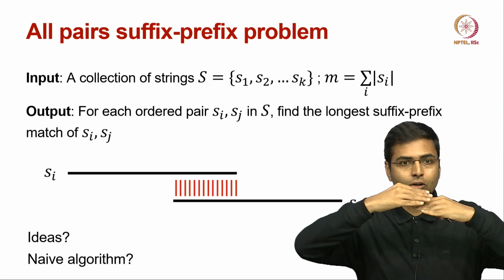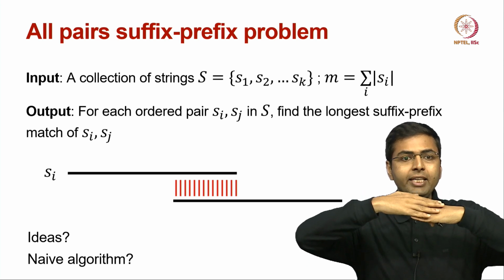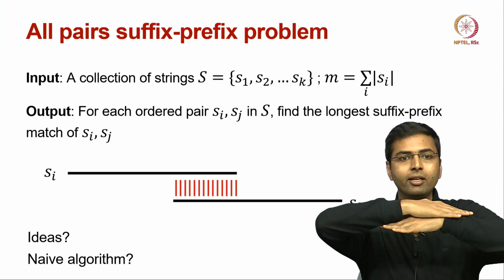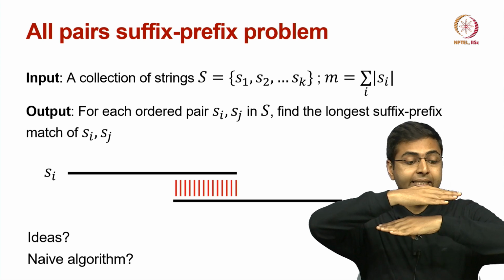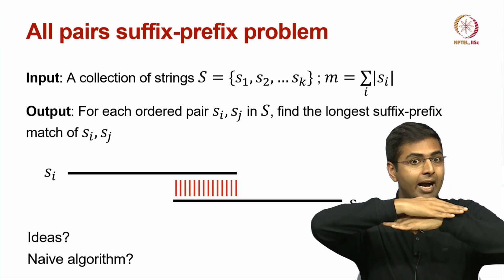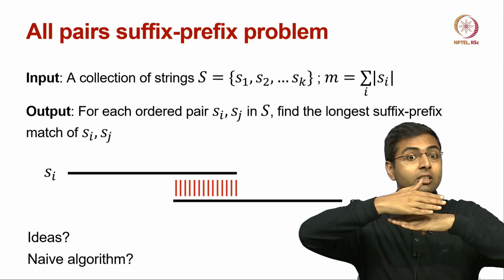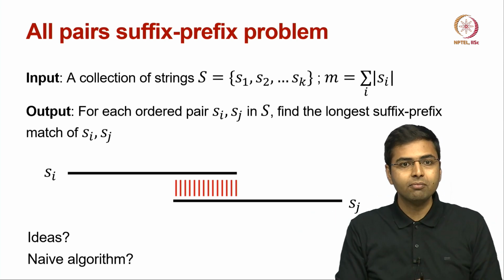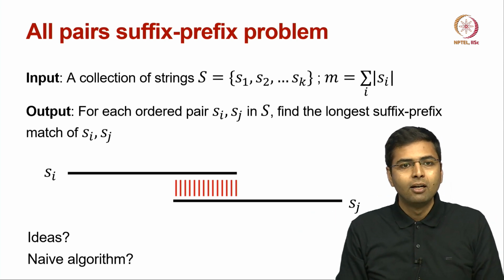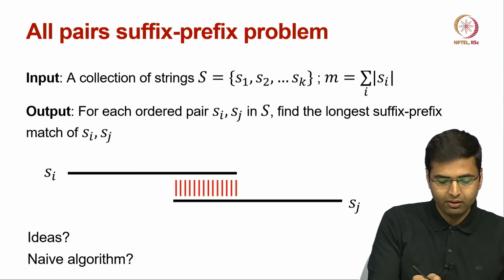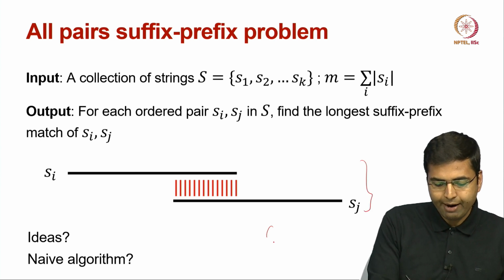So, I will check match of length 2, then match of length 3, 4 and so on. And observe that while checking a match of length k, I have to do at most k character comparisons.